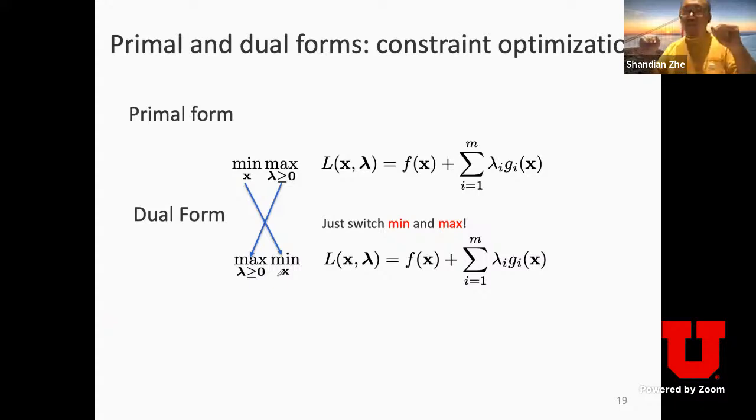So now I want to ask, are the solutions of the dual form and the primal form the same? In other words, does switching the order of this optimization affect the solution? Any guess?